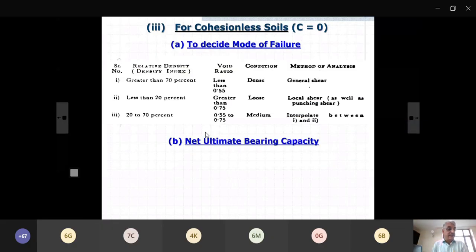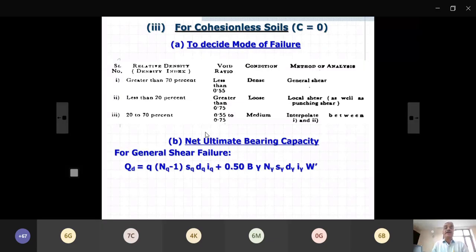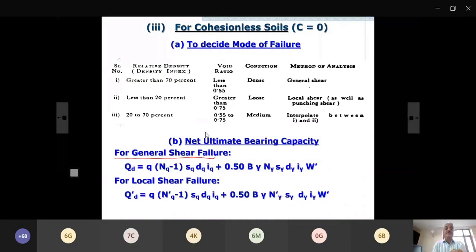First, decide the mode of failure, and then the ultimate bearing capacity will be given by this equation for general shear failure and this equation for local shear failure. The only change from the previous one is that the first component of the bearing capacity, the c component, has been eliminated.